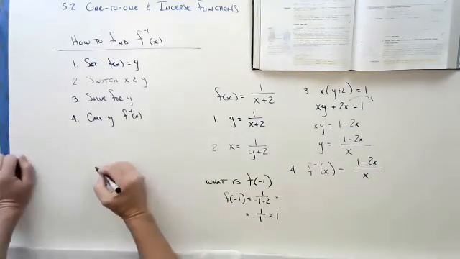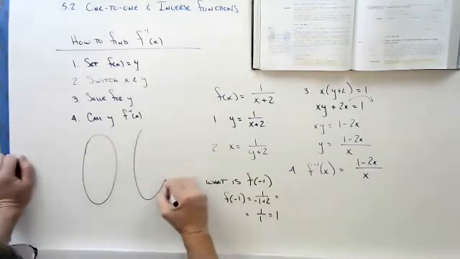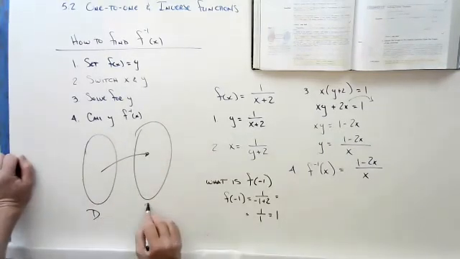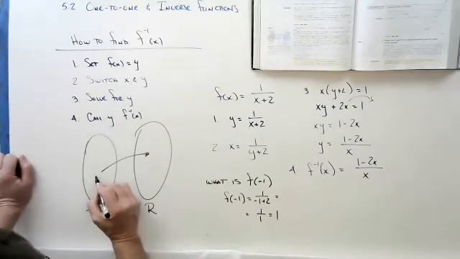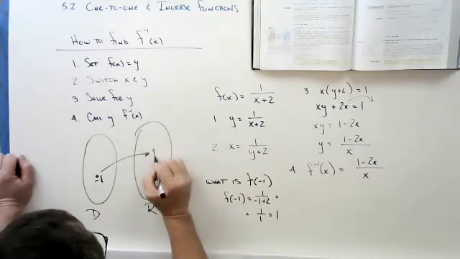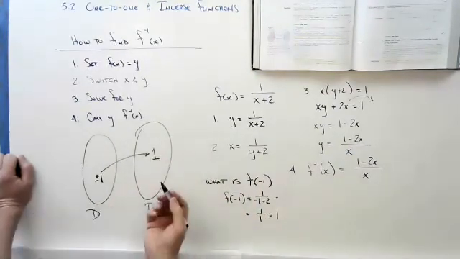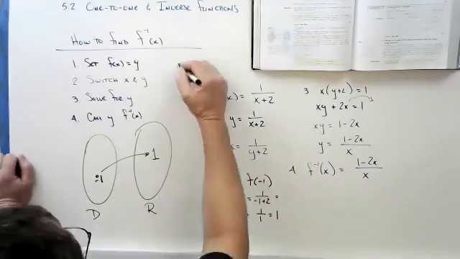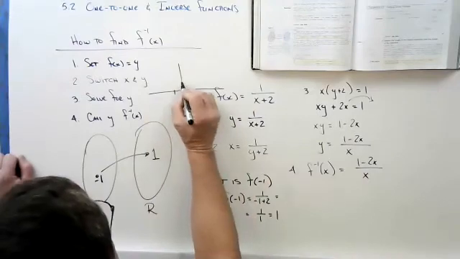So if we look at a picture, here's f, here's our function. This is our domain, this is our range. If we have -1 here, it lands on 1. That's what our function does. It turns -1 into 1, or on the graph, it goes through (-1, 1).